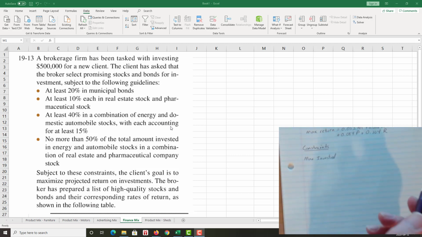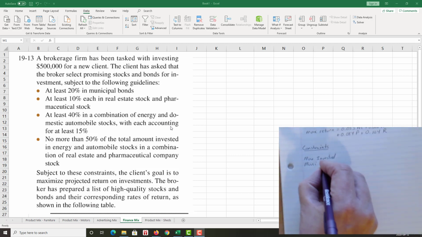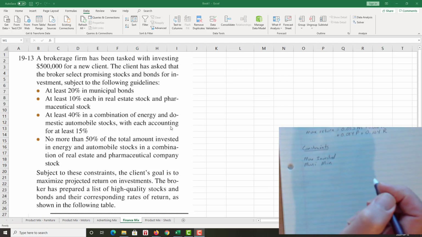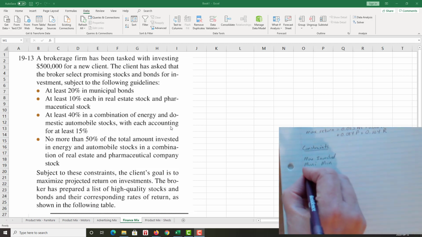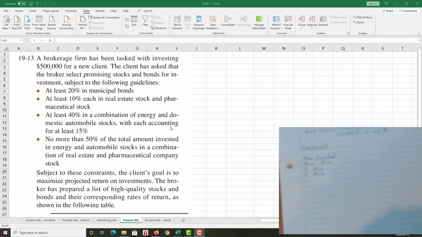At least 20% municipal bonds, so that's kind of a minimum in munis, so muni min. At least 10% each in real estate and pharmaceutical. So I have an R min, I have a pharmaceutical min. Then at least 40% a combination of energy and automobile stocks.